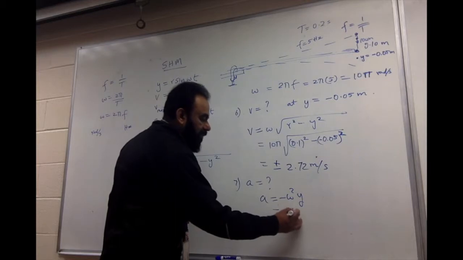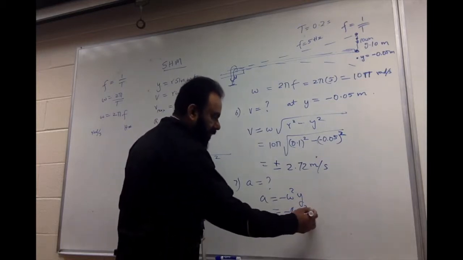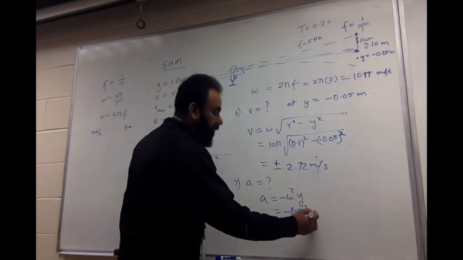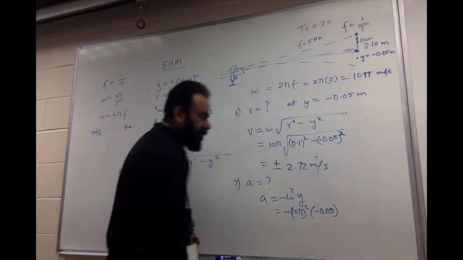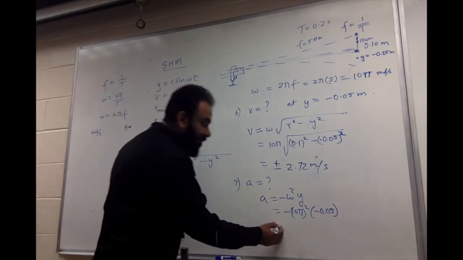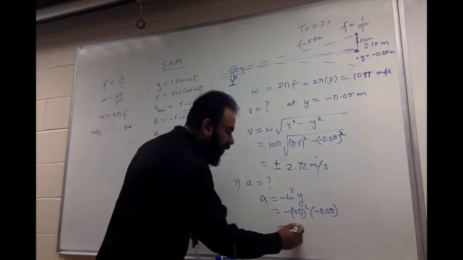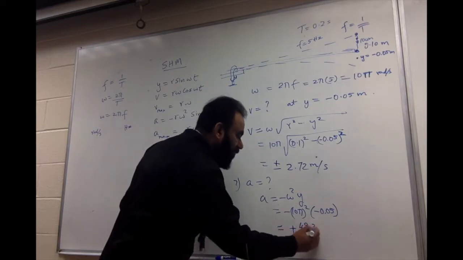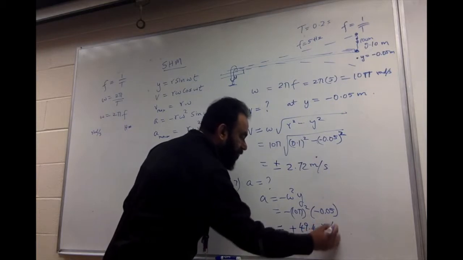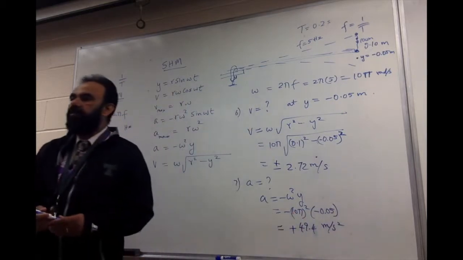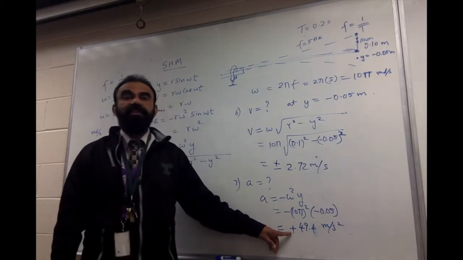So minus 10 pi square, 49.3, and y is negative 0.05. And what do you get? 49.3, a positive answer? Yep. Close enough. Yep, 49, and you're getting a positive answer here.